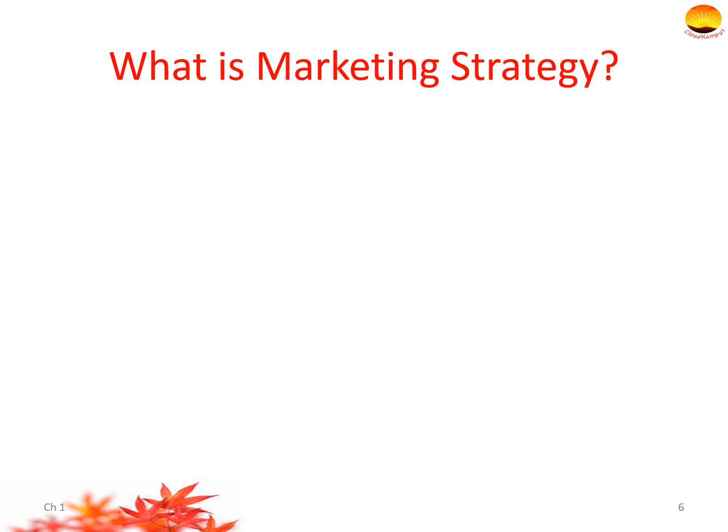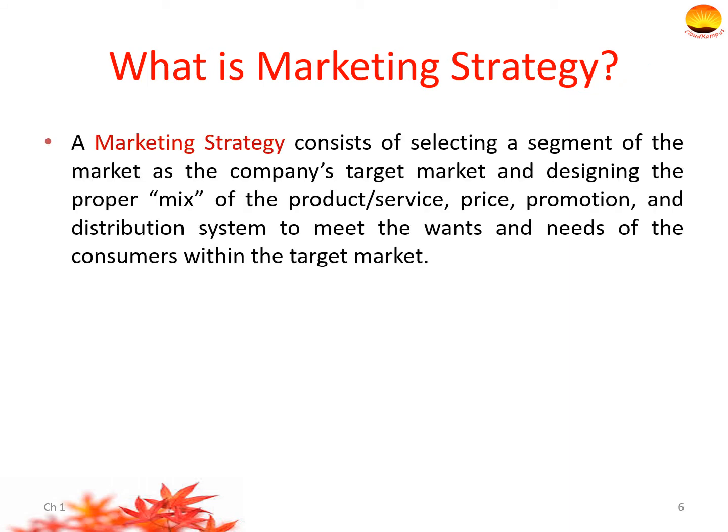What is marketing strategy? A marketing strategy consists of selecting a segment of the market as the company's target market and designing the proper mix of product and services, price, promotion, and distribution system to meet the wants and needs of the customer within the target market. So you need to understand whom you want to target.